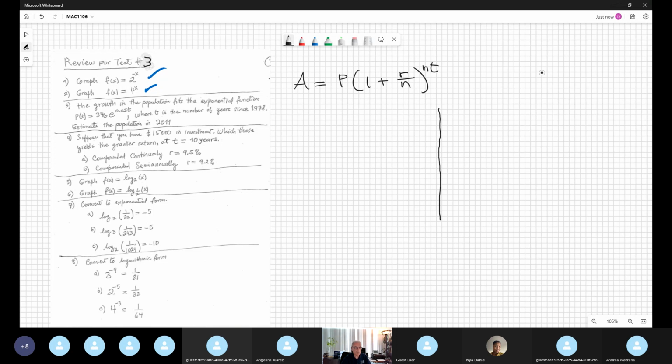Okay, and in the first option, the present value is $15,000. And the second is the same. In this case, they are a perfect coincidence. However, the time is also 10 years.